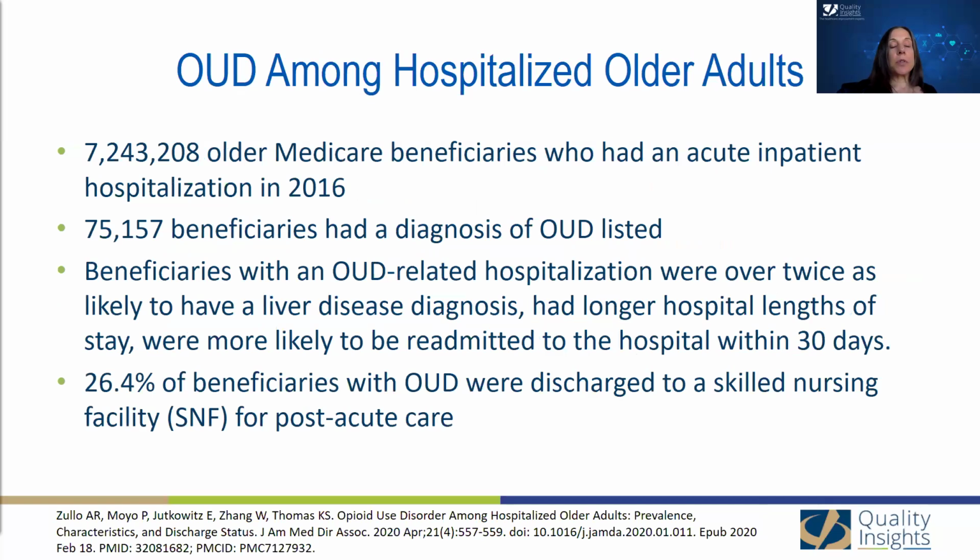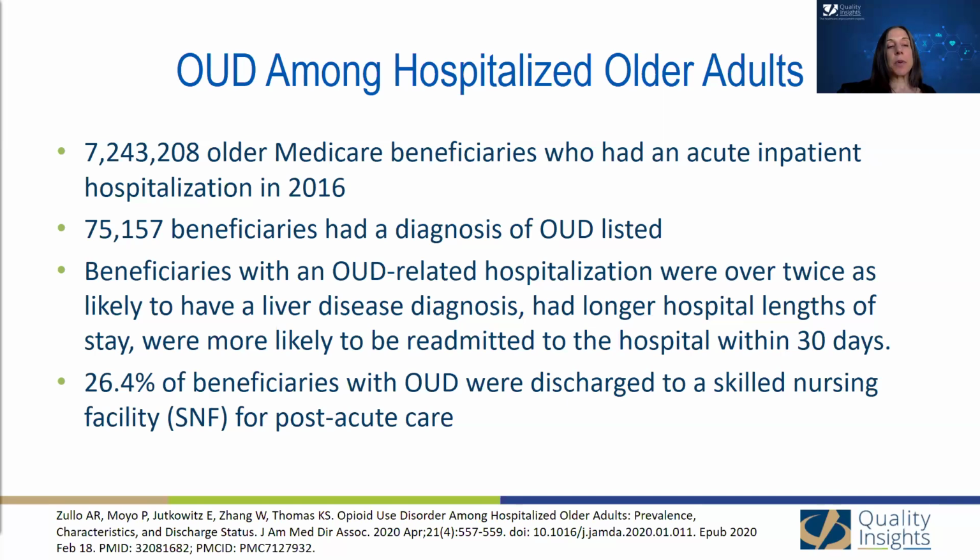If we look at opioid use disorder among hospitalized older adults, this was a study of over 7 million Medicare beneficiaries who had an inpatient hospitalization in 2016. So just any hospital admission, 75,000 had a diagnosis of opioid use disorder listed. And individuals who had an opioid use disorder were twice as likely to have liver disease, had a longer length of stay, and were more likely to be readmitted to the hospital within 30 days.